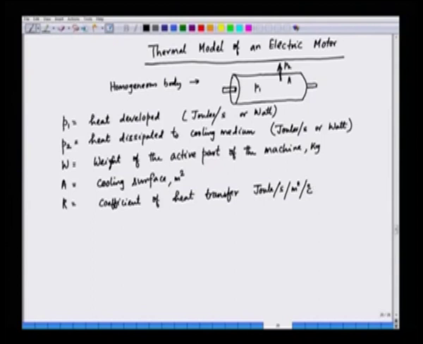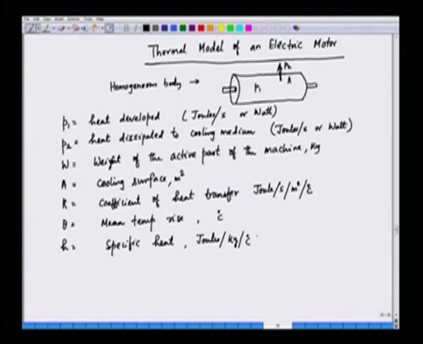This is the unit of this, and then we have theta, the mean temperature rise, and that unit is degree centigrade, and H is the specific heat, and the unit is joules per kg per degree centigrade.